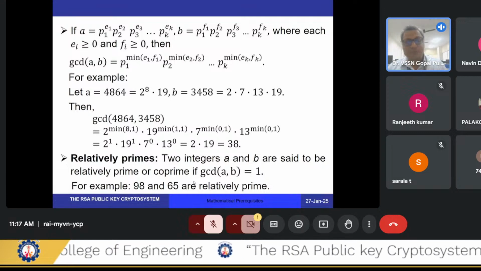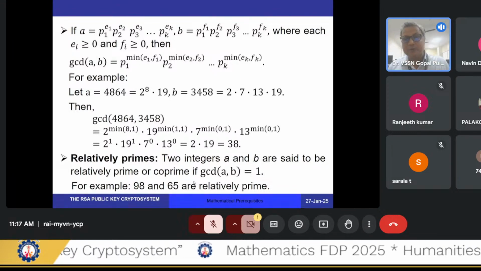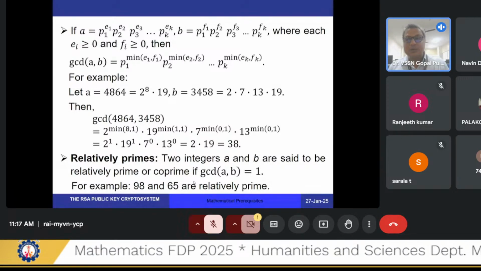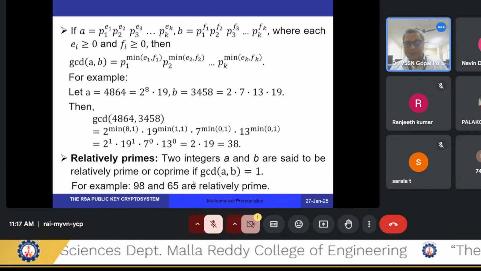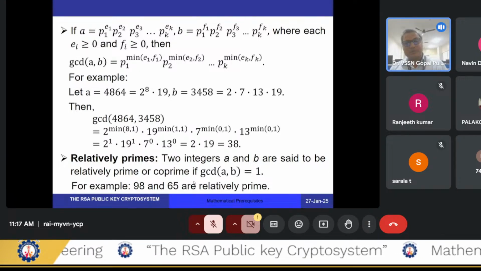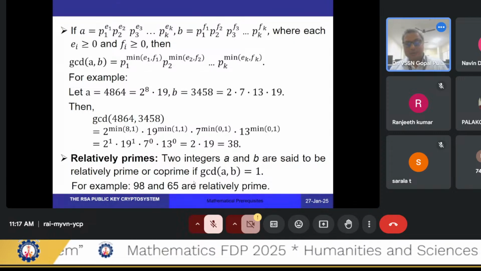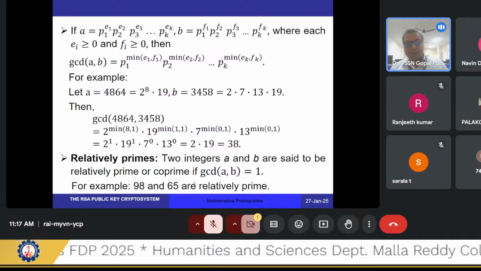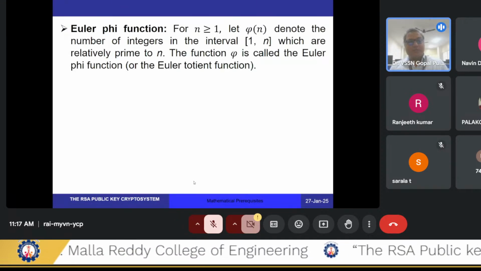Because their GCD is 1. 65, as you know, you can write as 5 into 13, whereas 98 can be written as 2 into 49, so 2 into 7 square. So obviously the GCD of both is equal to 1, so they are relative primes. Okay, so another important definition, right?